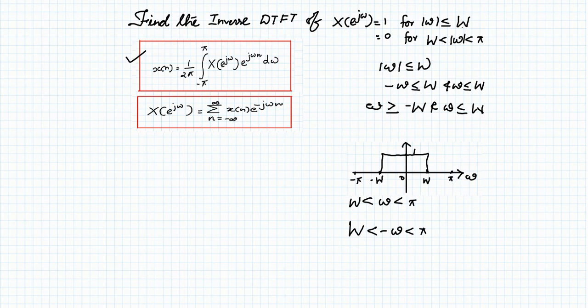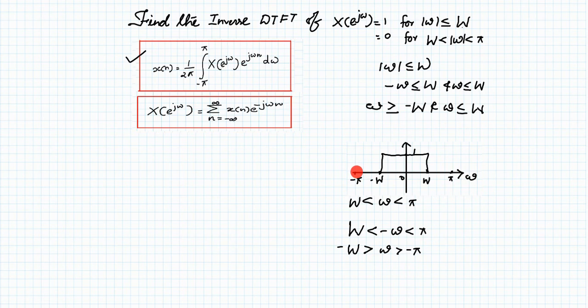If you want to change this minus ω to plus ω, we need to multiply with minus 1, so the equation becomes minus W > ω > minus π. So for W < |ω| < π, the function magnitude is 0.